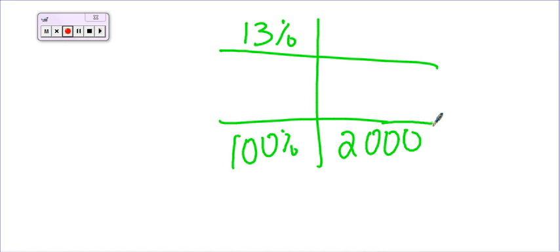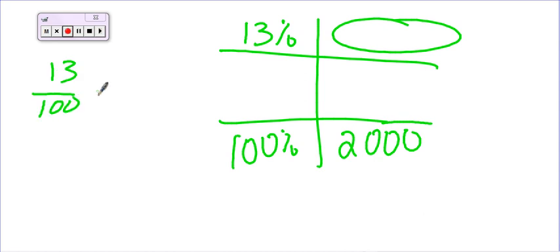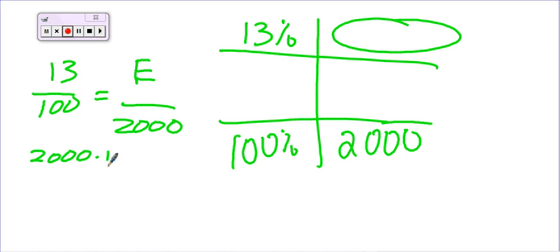That's total again. How many times do we find the letter E? That's what we want to know. Okay? 13 over 100 equals E over 2,000. That is 2,000 times 13 equals 100E.